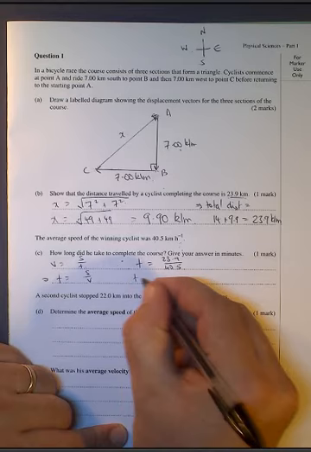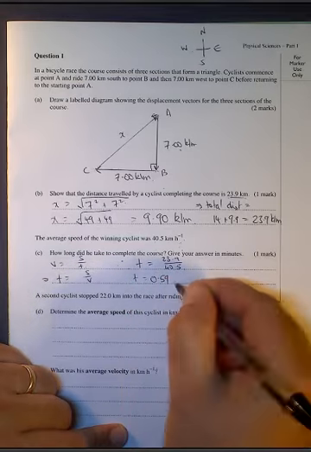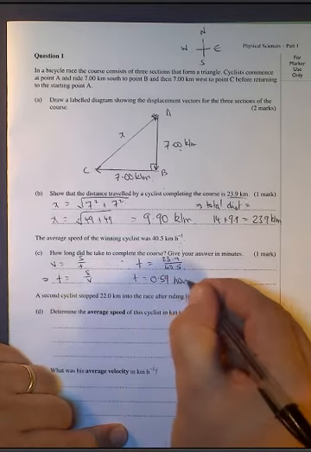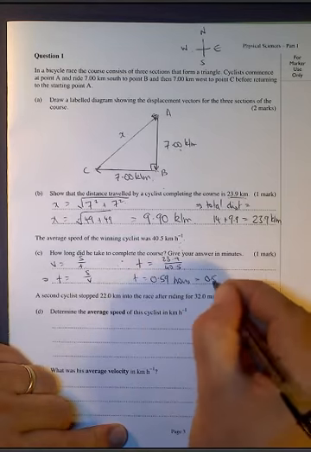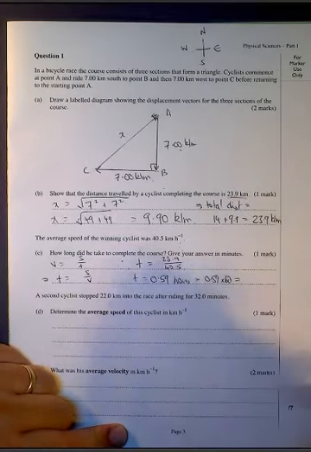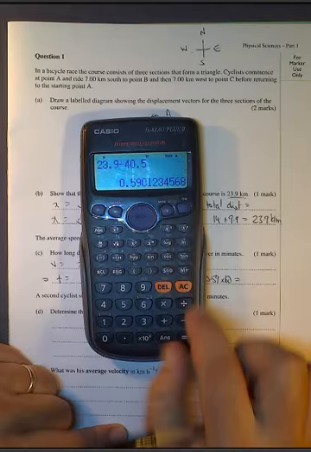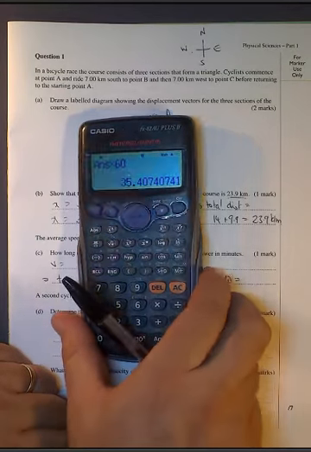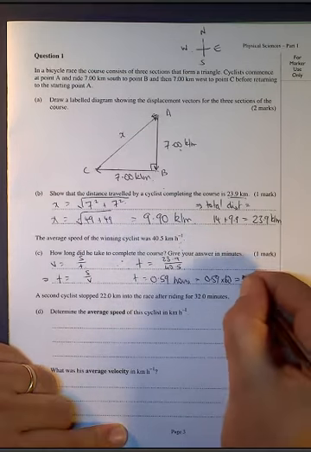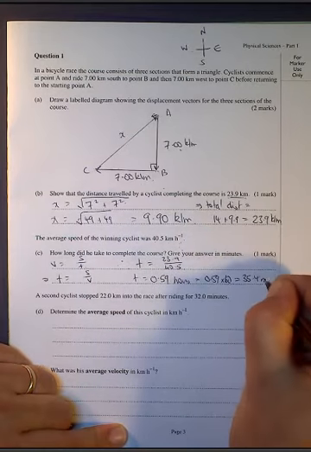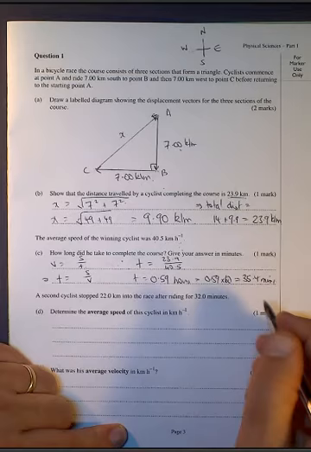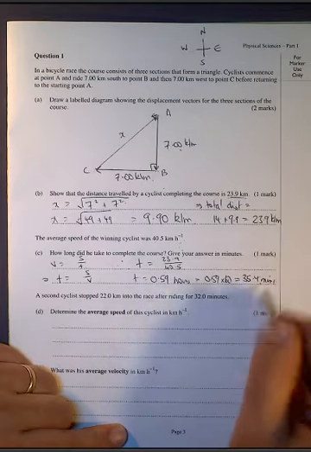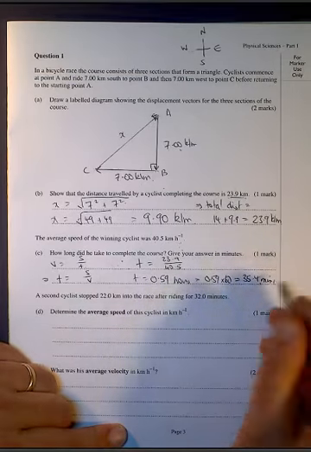Time equals 0.59 hours, which equals 0.59 times 60, which equals 35.4 minutes. 35.4 mins. If you want to convert that into seconds, you can. You just take 0.4 and multiply that by 60, but 35.4 is going to be fine.